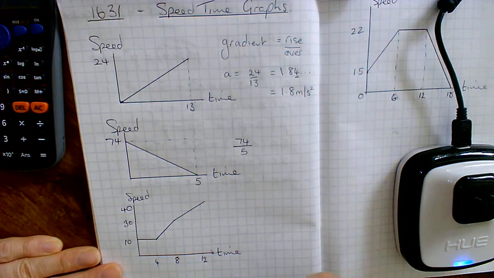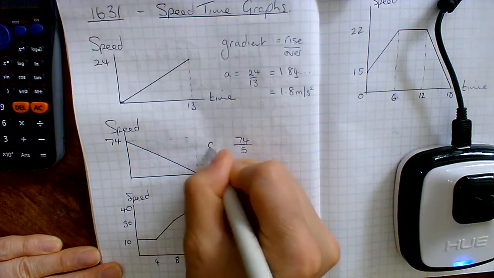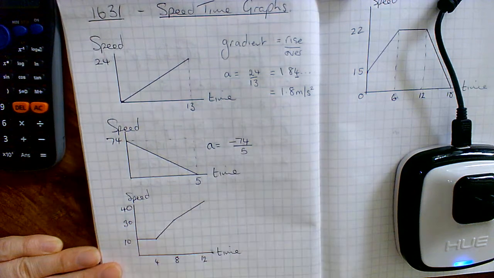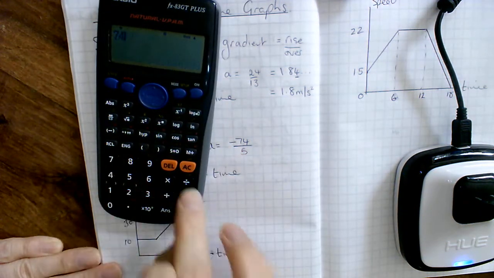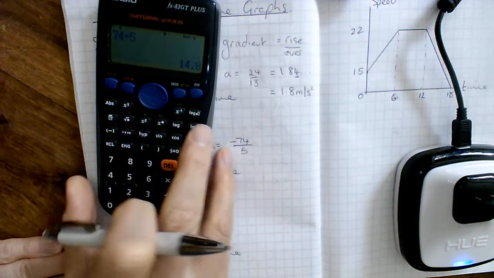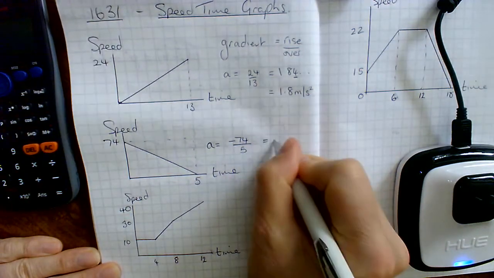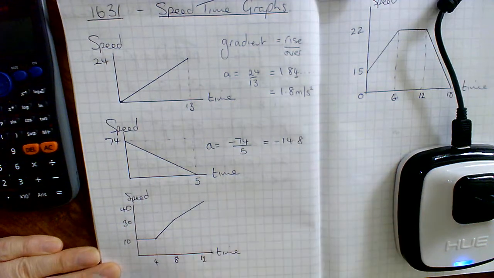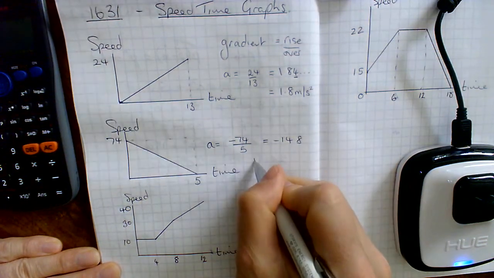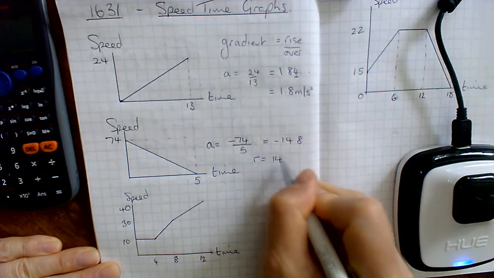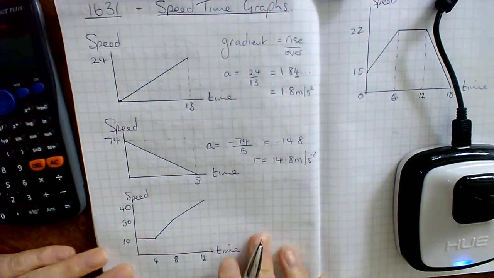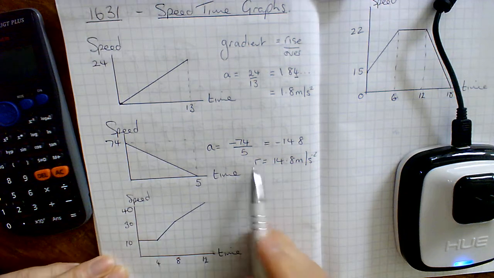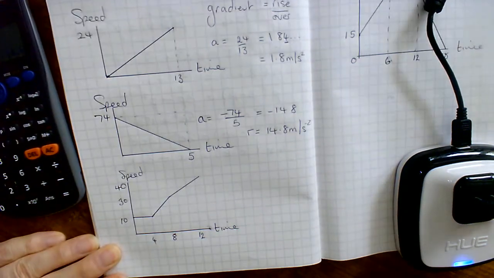Now if I was doing this normally, I would say the acceleration is equal to minus 74 over 5, and then I get my calculator, do 74 divided by 5, and you get an answer of minus 14.8. But the question's asking for a retardation, so the retardation is just 14.8 meters per second squared, because retardation just means how quickly you are slowing down. So that's the answer for this question.